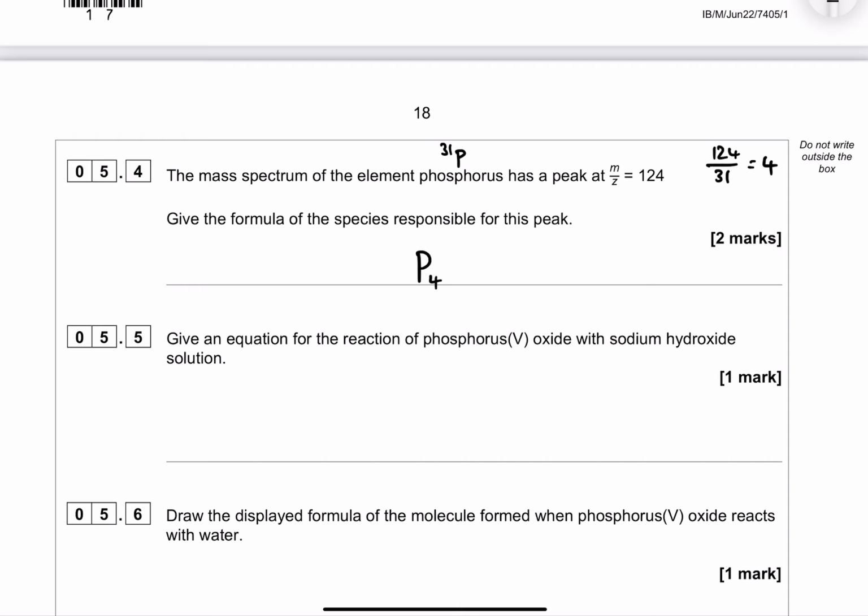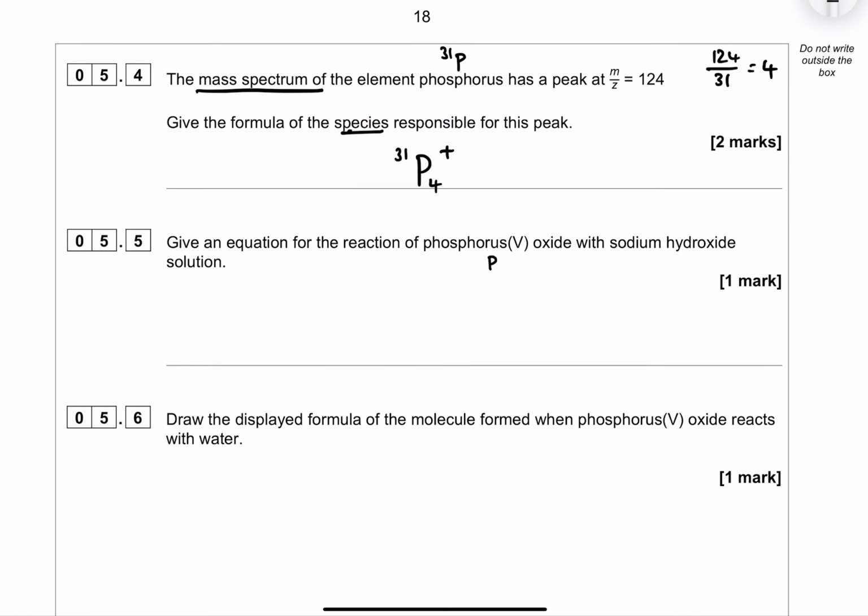And then we need to remember, it's asking us the species, and we're talking about in a mass spectrometer where they're ionized, so we need a P4 plus, and then we need to say which isotope it is that would add up, 4 of what would add up to 124, so that's 4 31s.